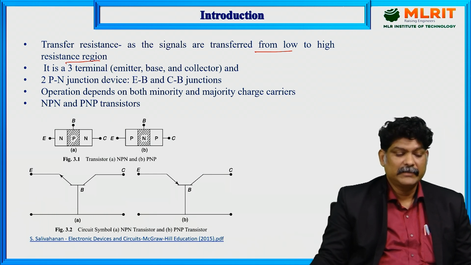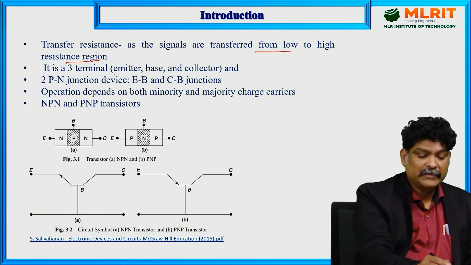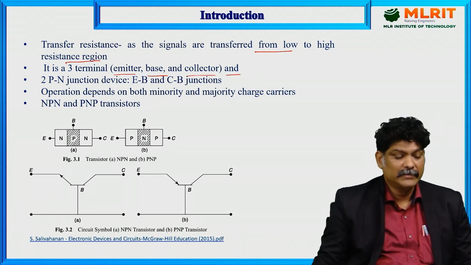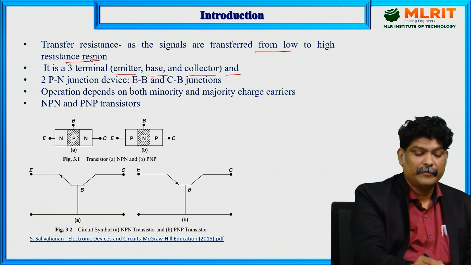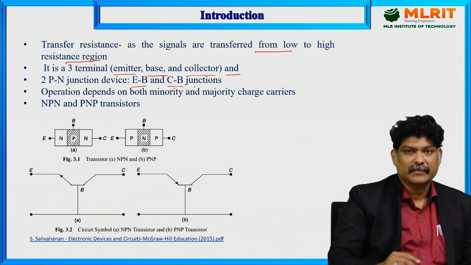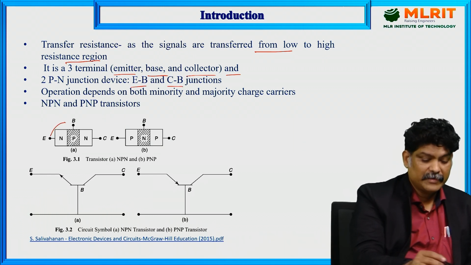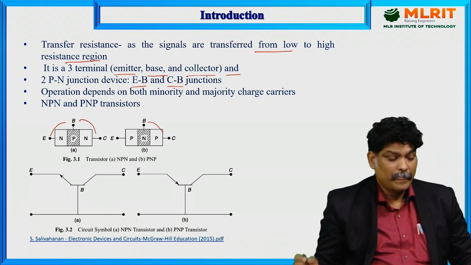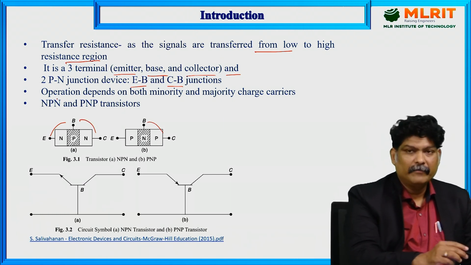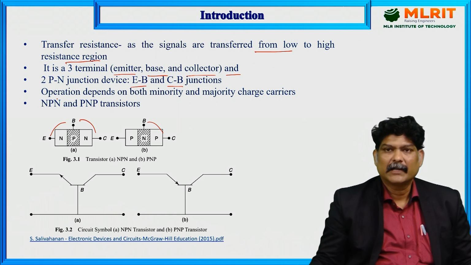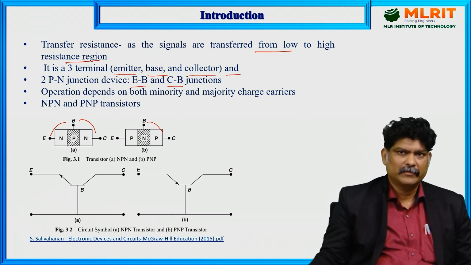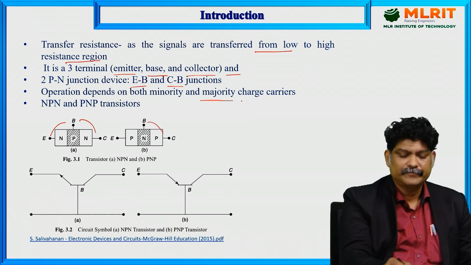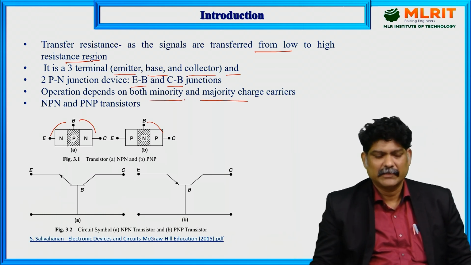The three terminals are emitter, base and collector, and it has 2 PN junctions: the emitter base junction and the collector base junction. Why is the bipolar transistor so called bipolar? Because its operation depends on both electrons and holes, that is, minority and majority charge carriers.